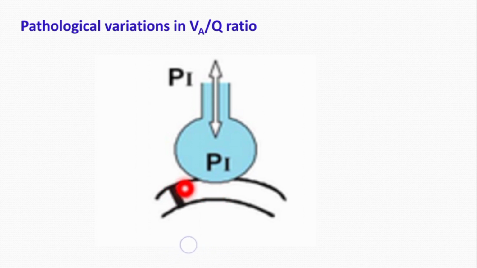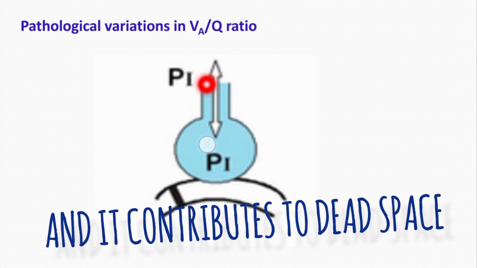So in conditions like pulmonary thrombosis or pulmonary embolism, the ventilation is coming here, but there is no blood with which it can exchange the gases. So we can say that in these conditions the ventilation is wasted.